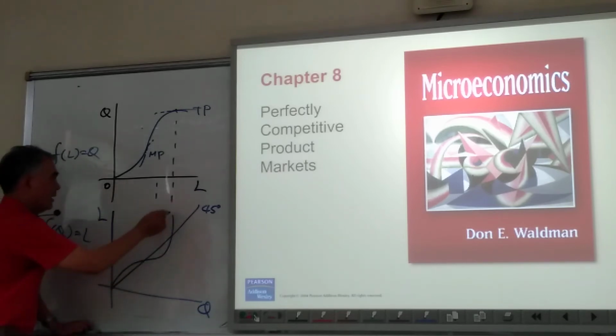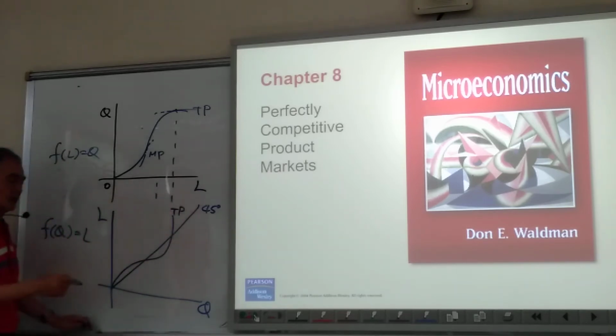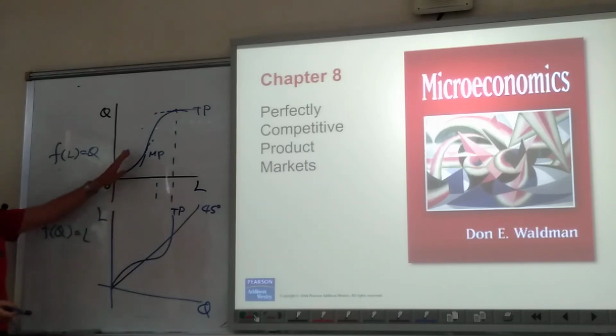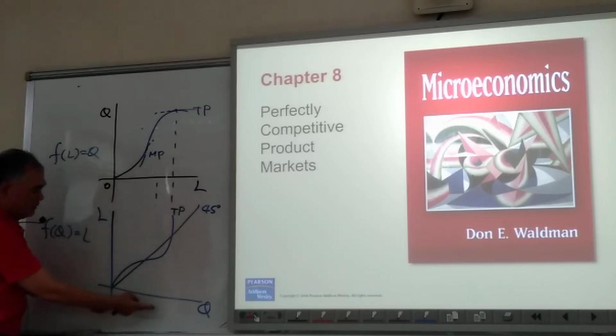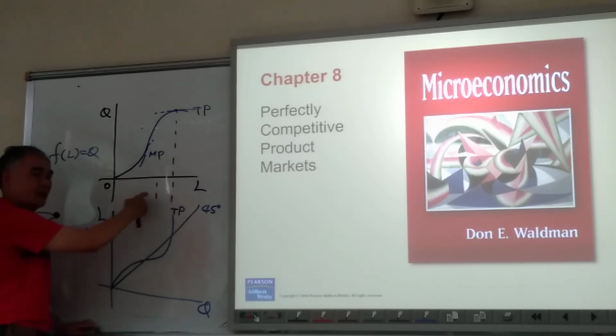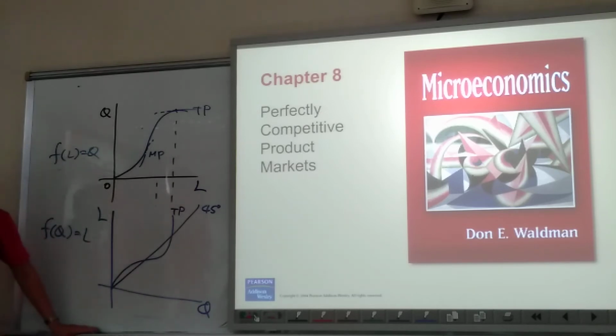And here we still mark it as the total product curve. Only that here it is L, okay? Here it is Q, but now Q is here. Basically it looks like that. Questions? Okay, I'm going to play a trick. So here is L, right? The amount of labor, okay?